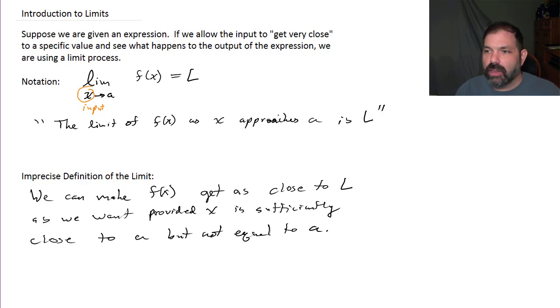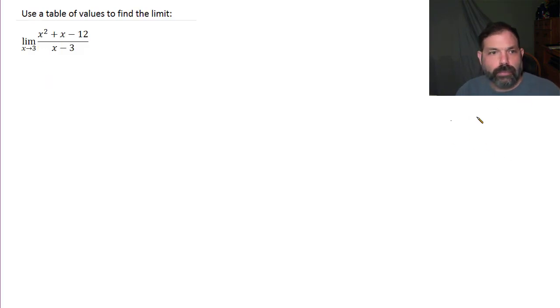All right, so let's see an example. Here we're asked to use a table of values to find the limit as x approaches 3 of the function x squared plus x minus 12 over x minus 3. Notice, I can't just let x equal 3.